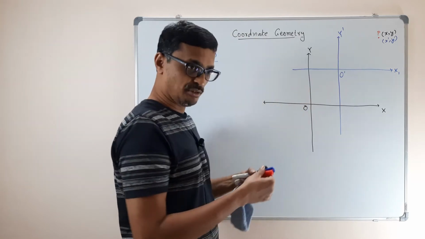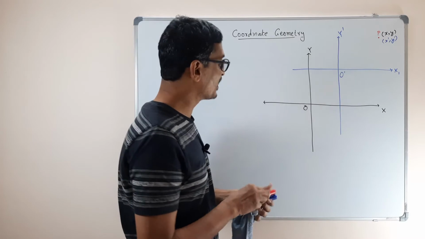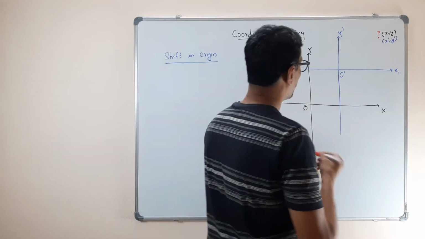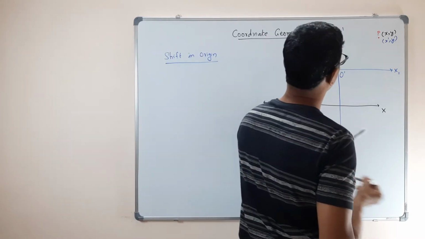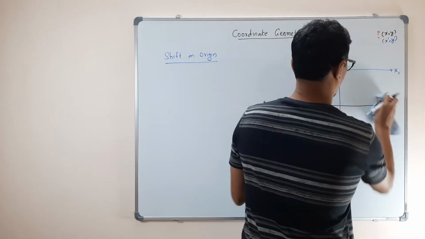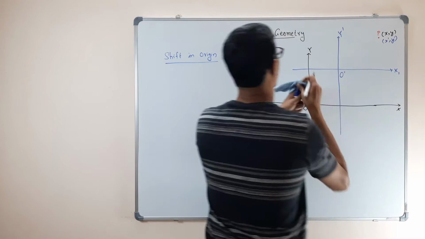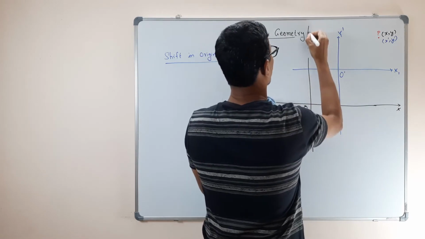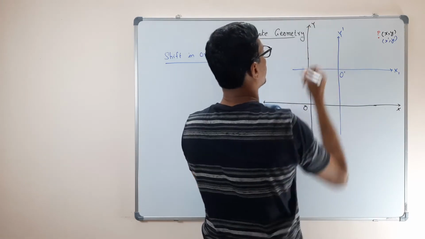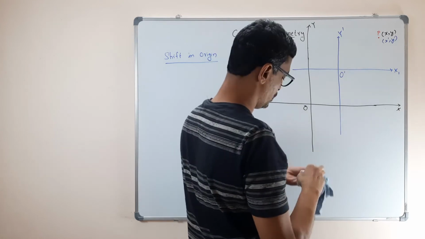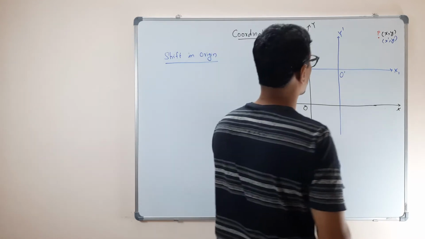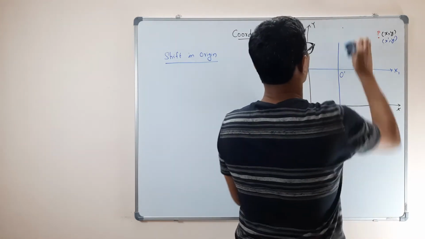So that is the problem of shifting the origin. You can tell by looking at it, correct? So how will we do it? Okay, let me extend this line. This has become too short. This is your x and this is your y. Also I will extend this because it is looking shorter.